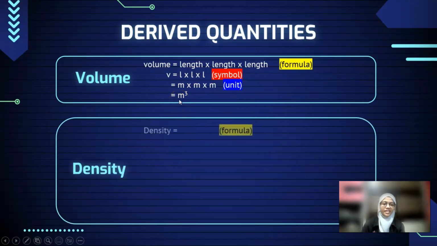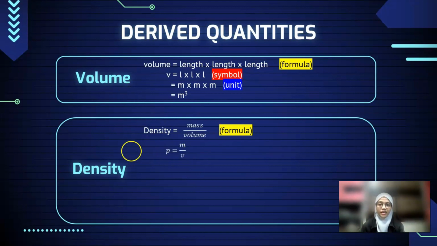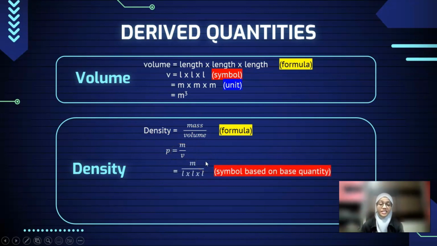Next, for density. What is the formula for density? Basically, density equals mass over volume, and its symbol will be small m over small v. So basically, its symbol is m over length times length times length.